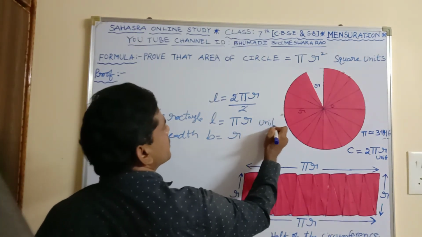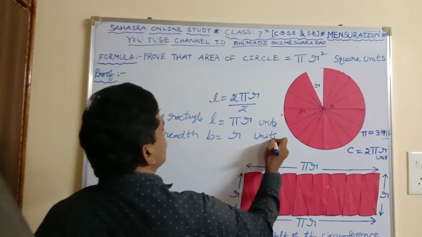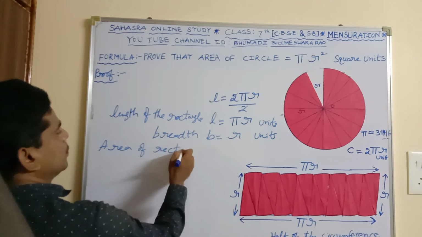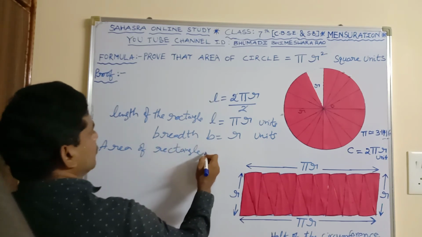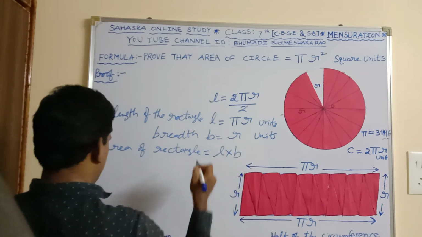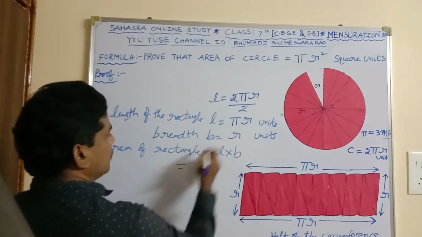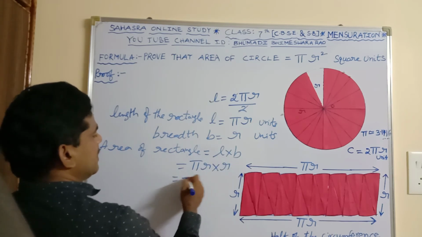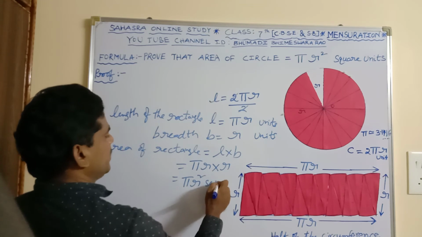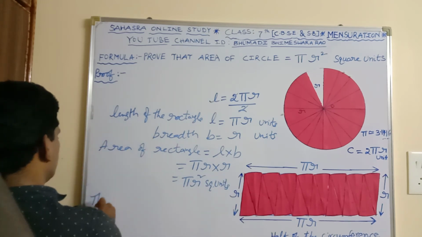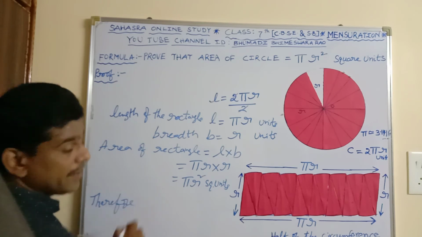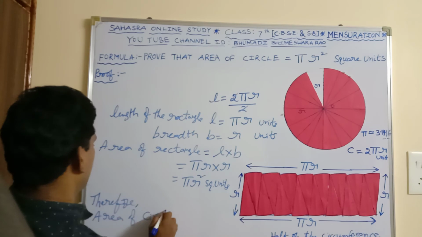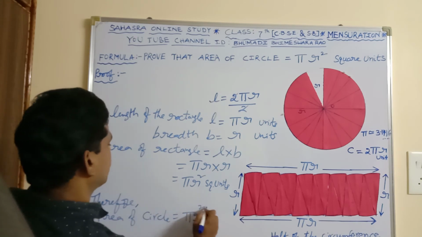Now the area of the rectangle equals length into breadth, which is pi r into r, equal to pi r square units. Therefore, the area of the circle equals pi r square units.